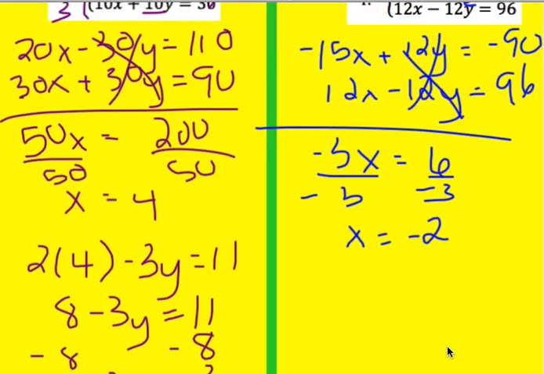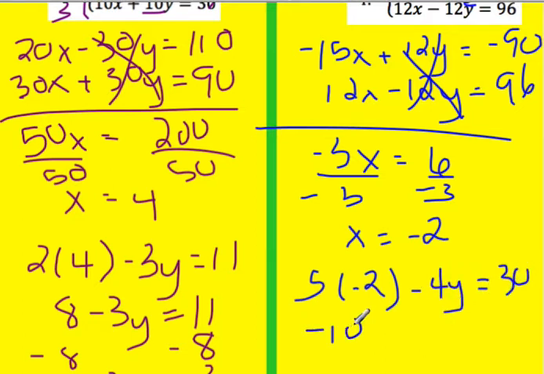So then what I want to do next is plug that x is equal to negative 2 into whichever one I want. So I'm going to plug it into the original top. I'm going to take x out and put negative 2 in instead. And then minus 4y is equal to 30. So I get negative 10 minus 4y is equal to 30.